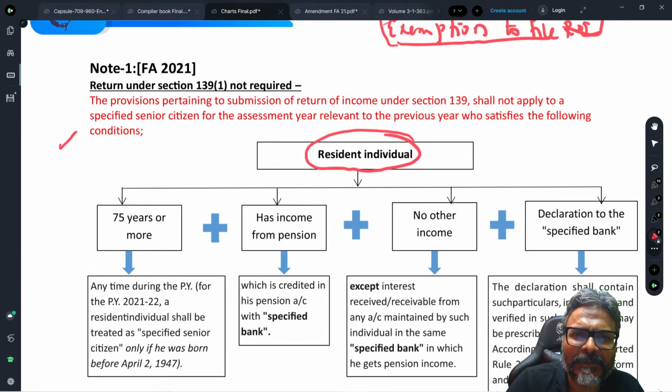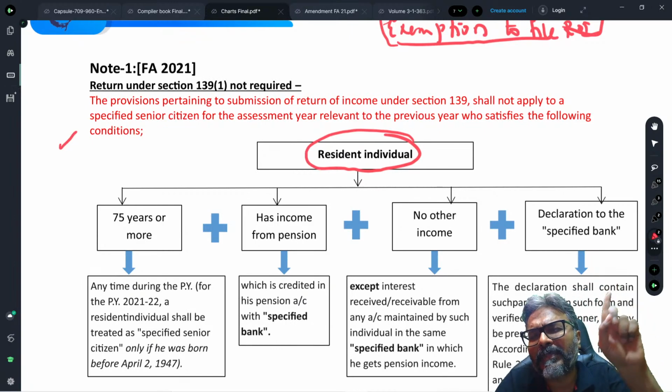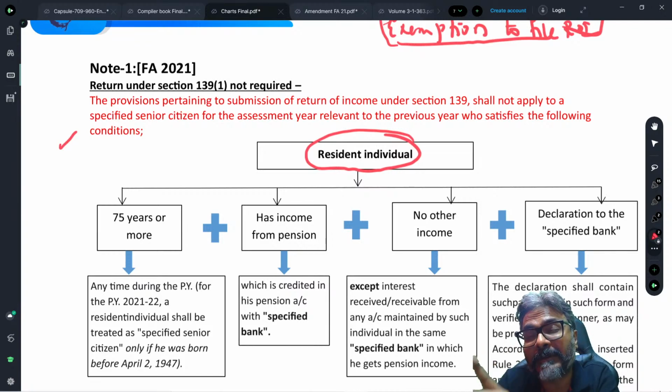For any such senior citizen, this exemption is applicable if the senior citizen has only one income, and that is the pension income, which they are depositing in the specified bank.